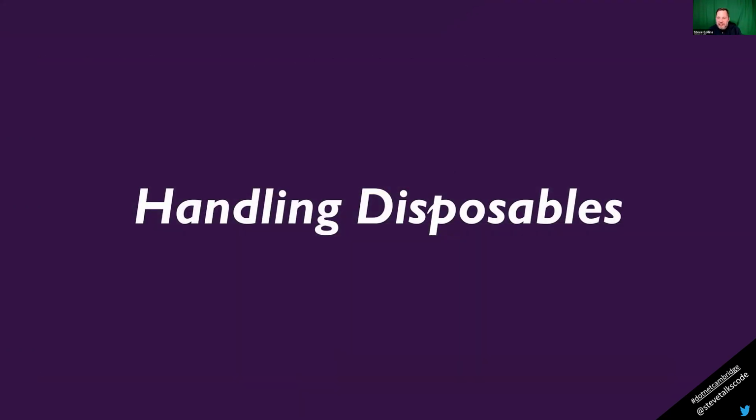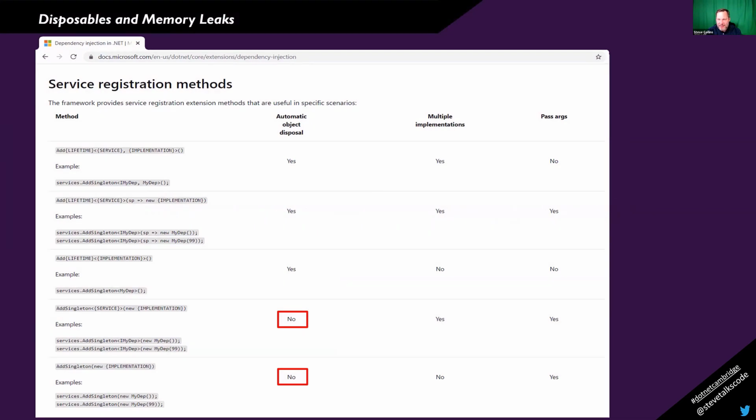So earlier I mentioned to be careful with disposables, but now I want to dig a bit deeper into it and look at some edge cases. If you remember, when I was talking about singletons, I said that you should hide the dispose method from consumers as the container will take care of it. The last bit of that statement is true in most cases.